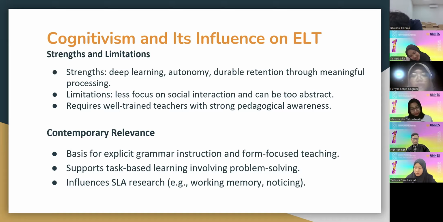It also influenced second language acquisition, or SLA, research, notably in concepts such as working memory, noticing, and information processing. Next, please.